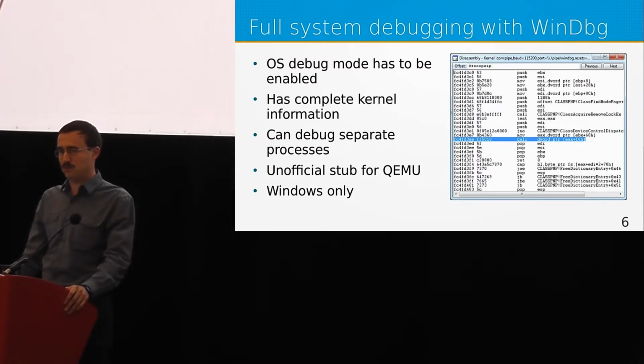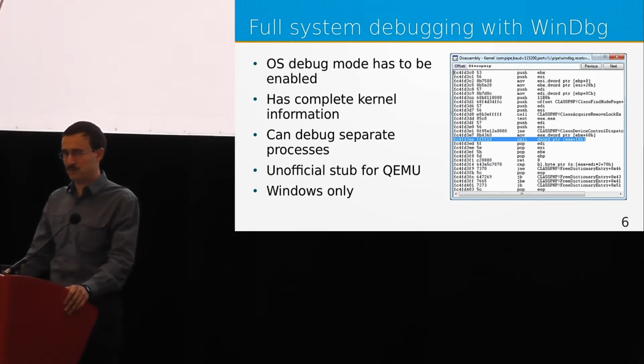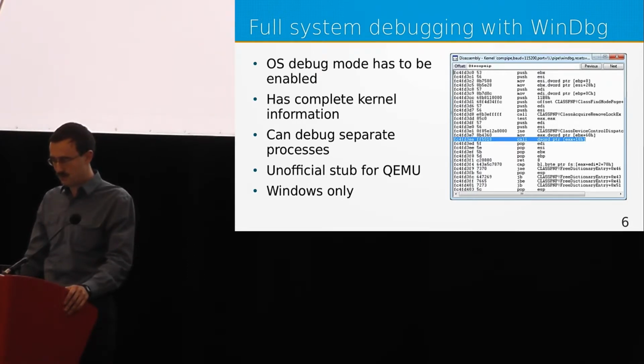You can examine processes, you can switch between them, set breakpoints for them, you can see the symbol names of the functions. But this approach, of course, is Windows only, and it also requires the debug mode of the operating system.